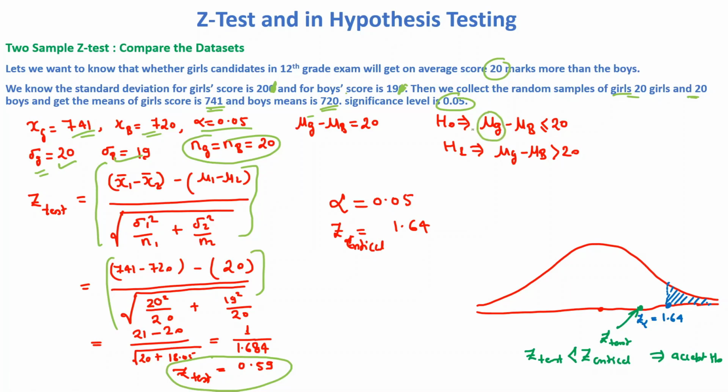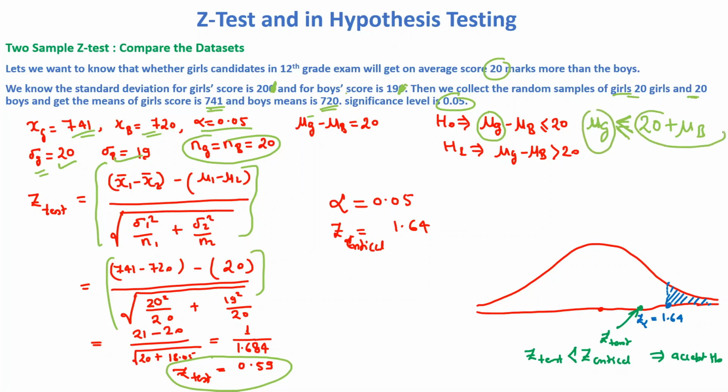If we take the difference of the population means of girls and boys, you can say that the population mean of girls is 20 plus mu B. It means the average score is 20 marks more than the boys, right?